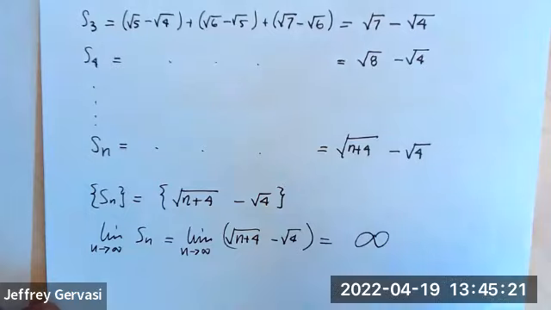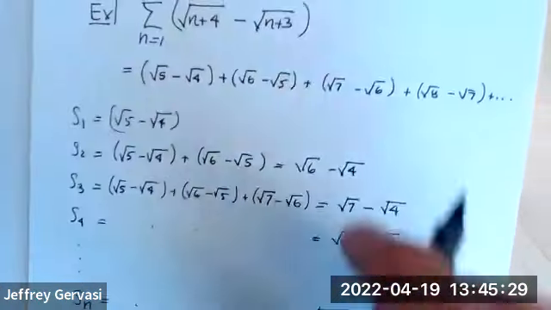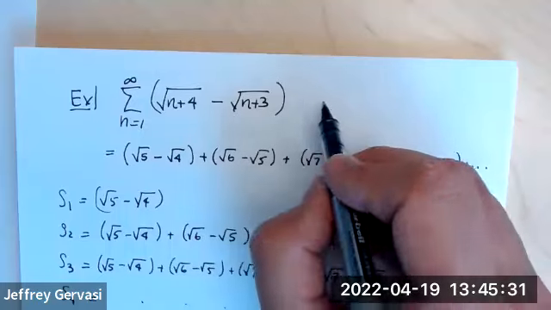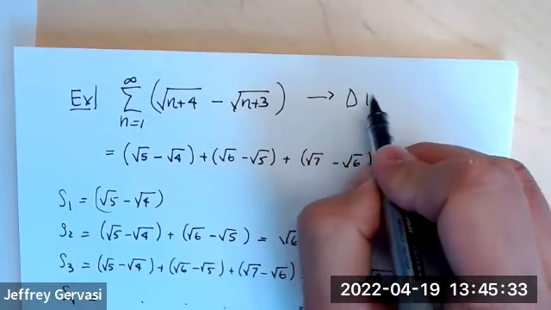Okay, so here's an example of a telescoping series that actually diverges. Okay, so since the sequence of partial sums diverges to infinity, then the original series up here, we say, diverges as well.